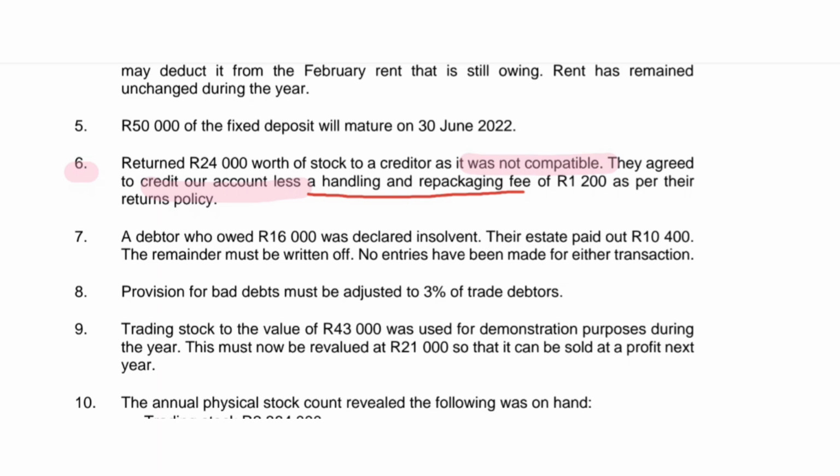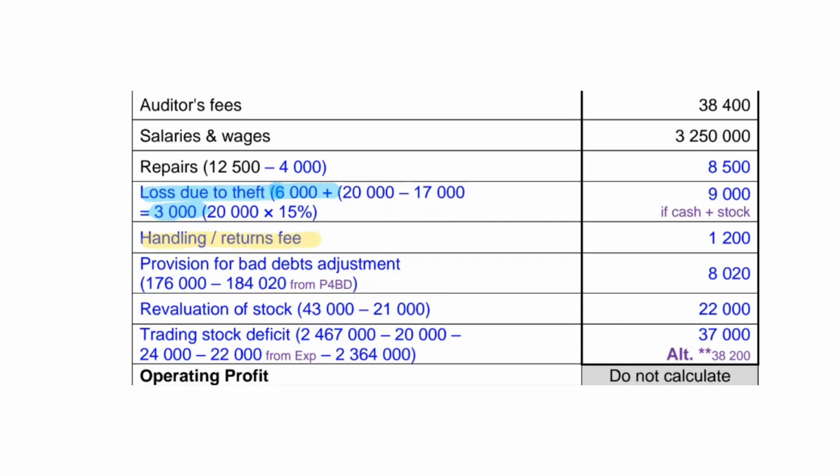We did not like the stock, it wasn't compatible, and we had to return it. But they charged us money for returning that stock. So this 1,200 rand that you see here is an expense. It's the handling fee that we were charged for processing a return. We can call this account in the statement of comprehensive income just handling fee. Handling fee of 1,200 that we were charged.